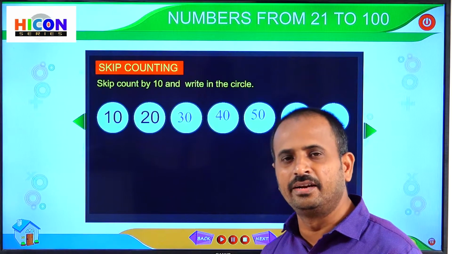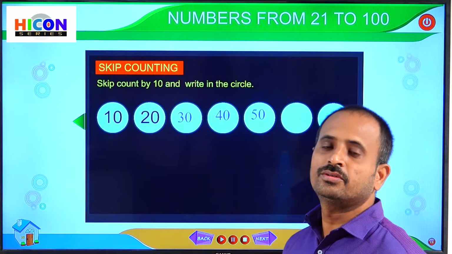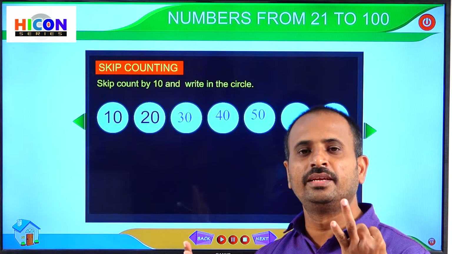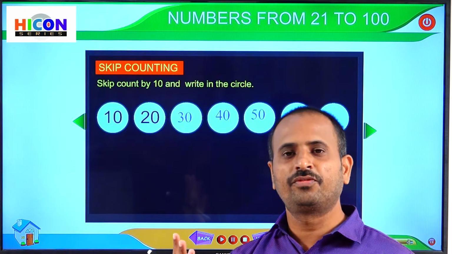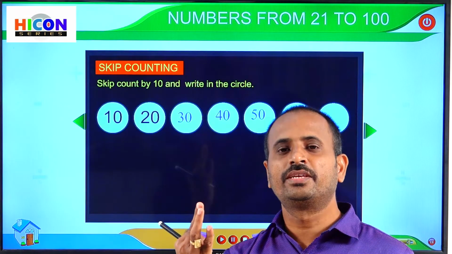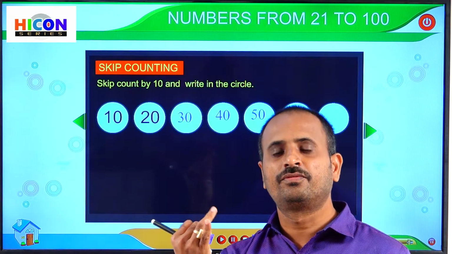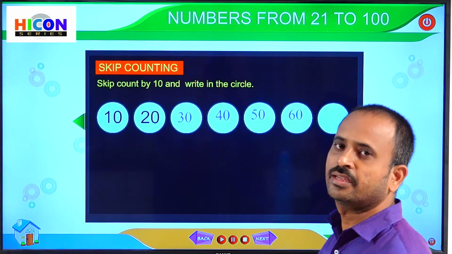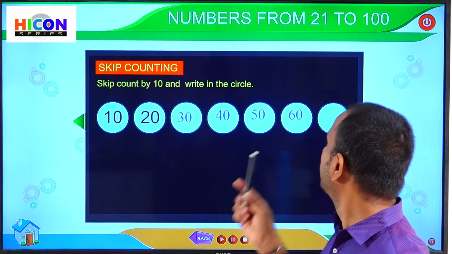Children, again add 10 to the 50. So after 50 comes 51, 52, 53, 54, 55, 56, 57, 58, 59, 60. So write 60 in this circle. And again add 10 to the 60.